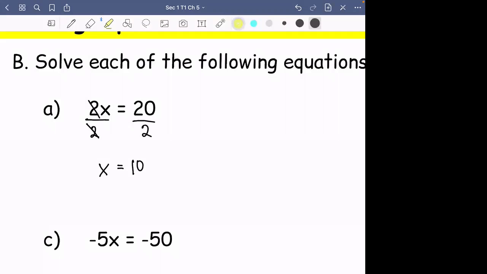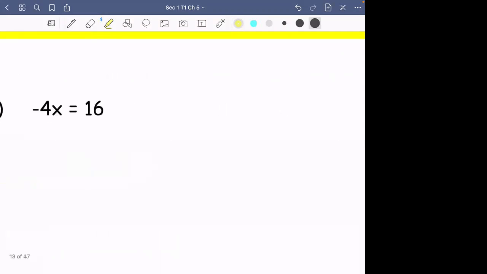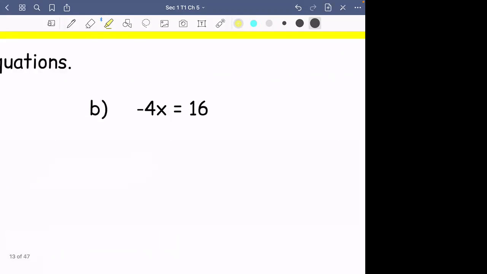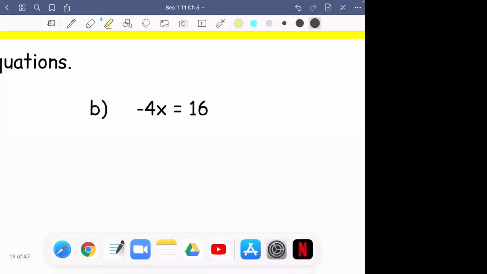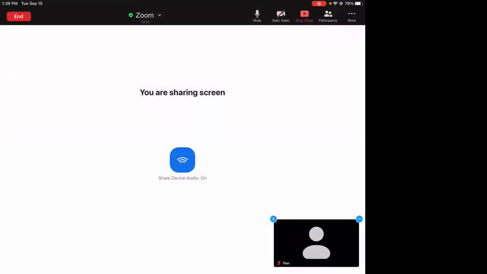Thanks, Ryan. Radev, how about letter B? What is your answer? Negative 4x is equal to 16. What is the value of x, Radev? Radev, are you there?